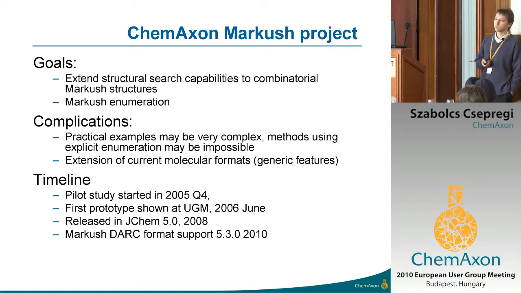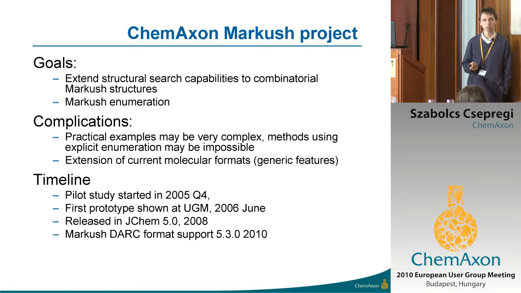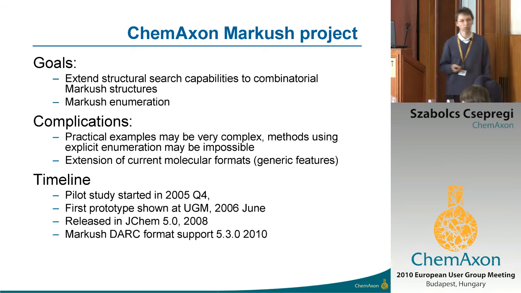Well, the first problem was that the practical examples, especially those found in patents, were very complex. And it was not possible to do a full enumeration of these very complex Markush structures. So we had to find alternative ways to do that. And indeed, from the literature, we have known this problem because John Barnard had talked a lot about these problems.